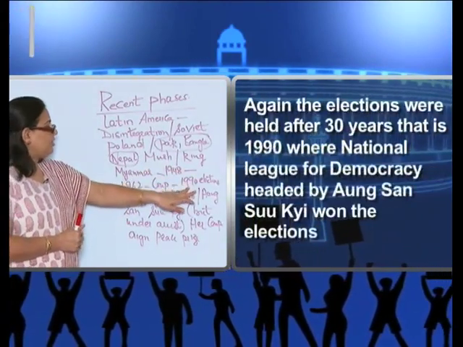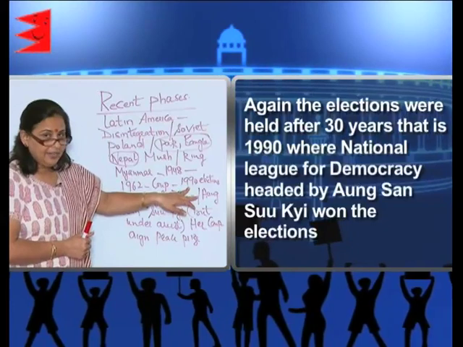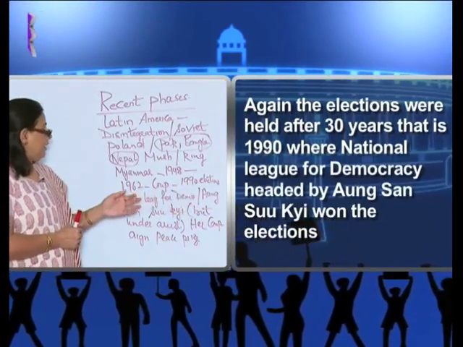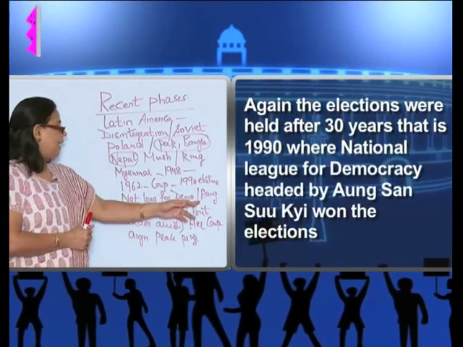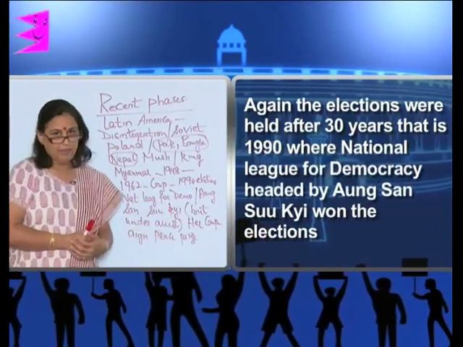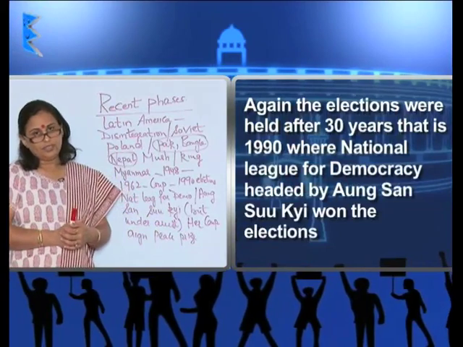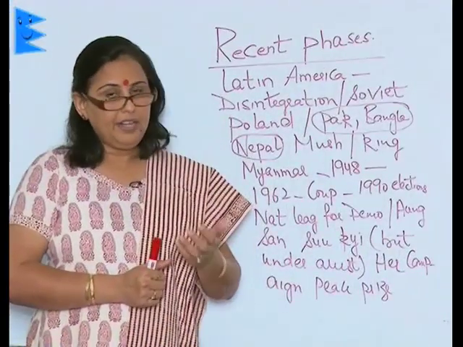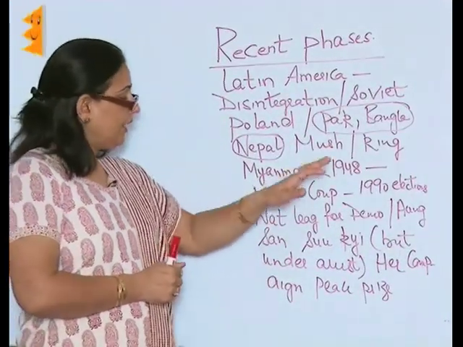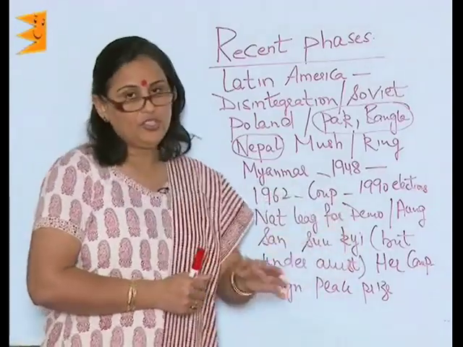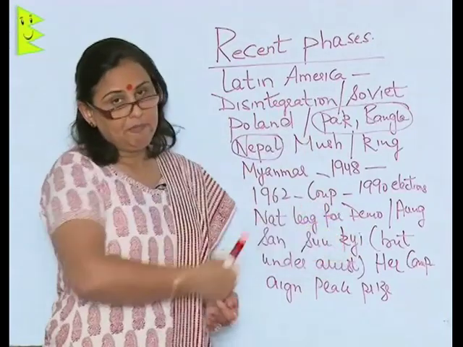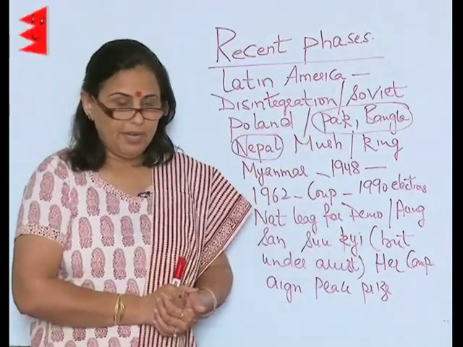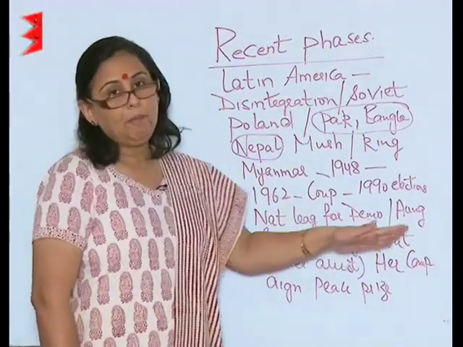Again, elections were held in 1990, wherein the National League for Democracy, headed by Aung San Suu Kyi, won the elections. But the irony was that after winning the elections too, the previous military dictatorial government did not let it come to power.